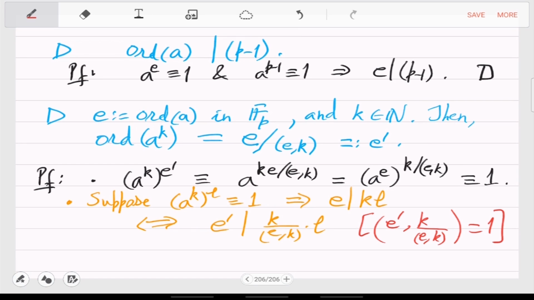So if you remove the GCD, then what is left has GCD 1. So what can you deduce from this? That e prime is forced to divide l. So e prime is the least. So the two together give you that the order of a to the k is e prime. Okay.